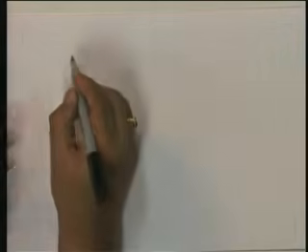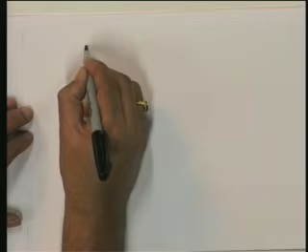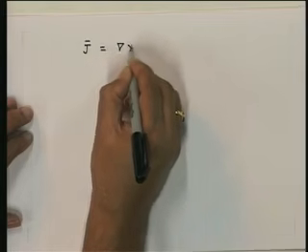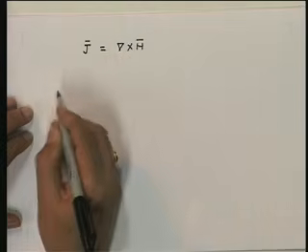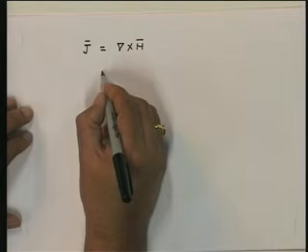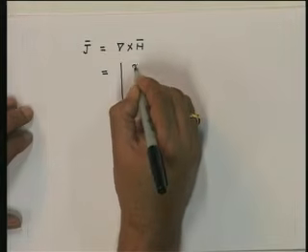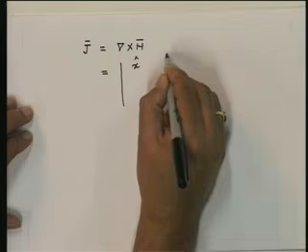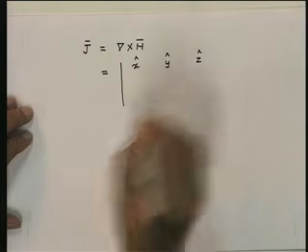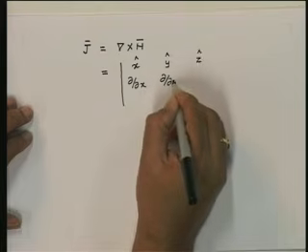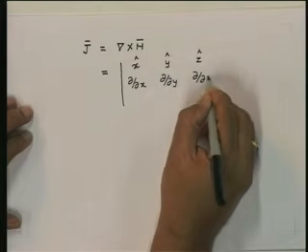If you go to the Ampere's law, we know that the Ampere's law is given as J is equal to del cross H. In the Cartesian, if we expand this curl operation, that will be the determinant x, y, z, d by dx, d by dy, d by dz.